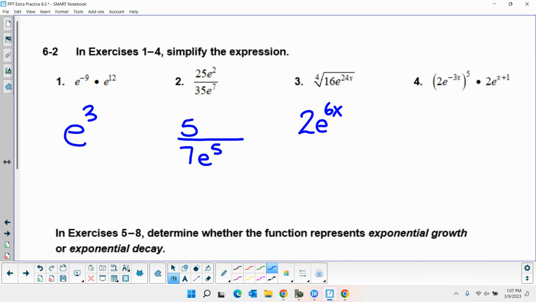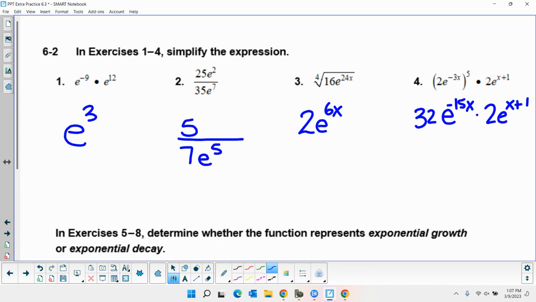Okay? And then here's where some of you made a mistake. You just tried to multiply those, which is right. But a lot of you just put 2 there. It's 2 to the 5th also. So that should be a 32. Okay.